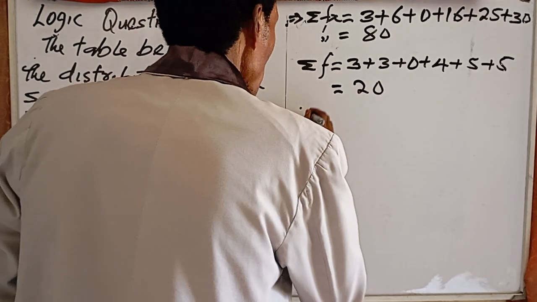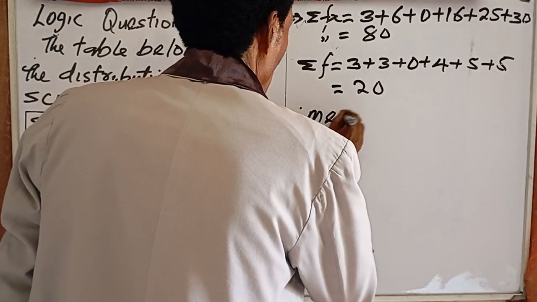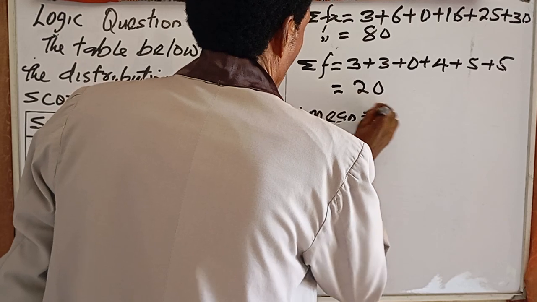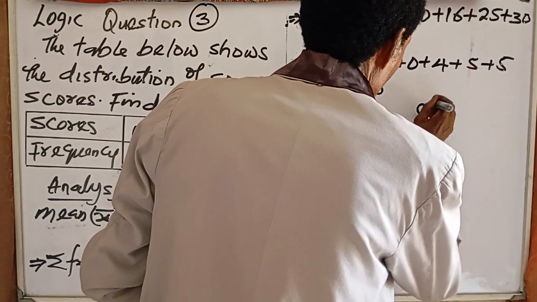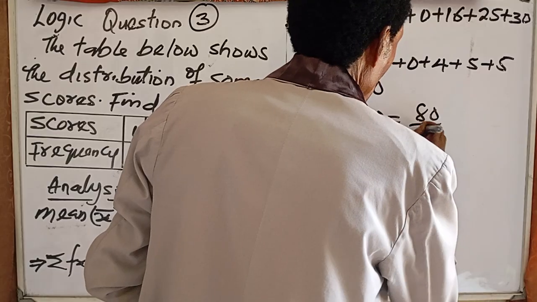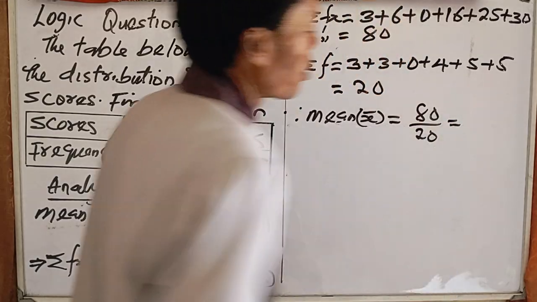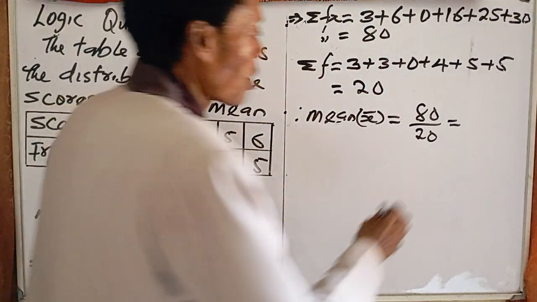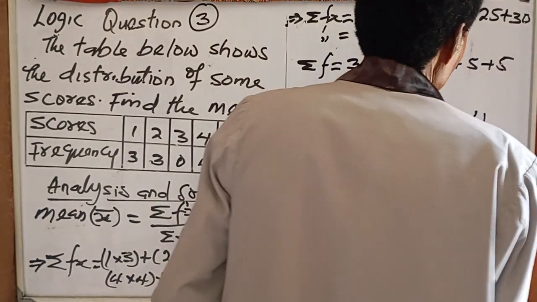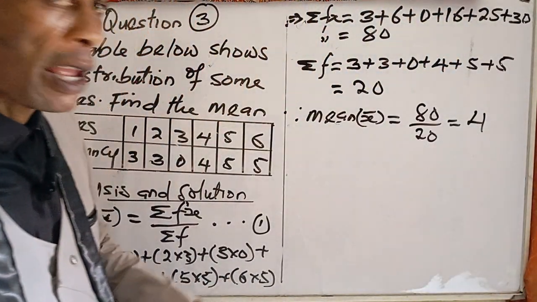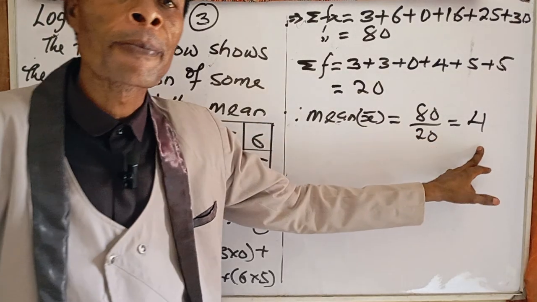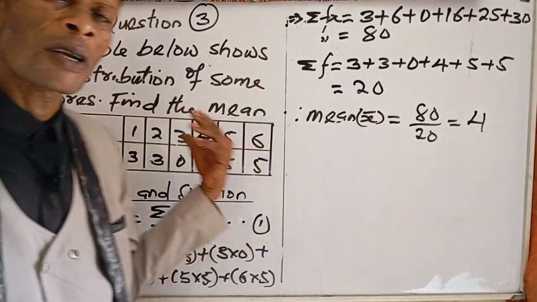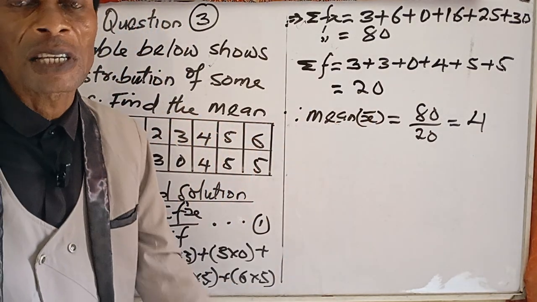Therefore, we can now say mean is 80 over 20. So 80 divided by 20, I think what we get is 4. So the mean of this question is 4, and that is all to this question.